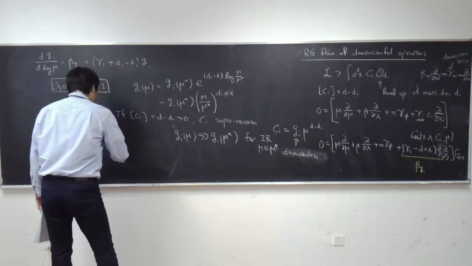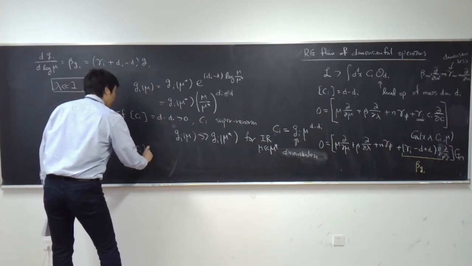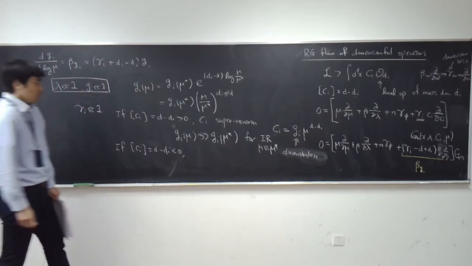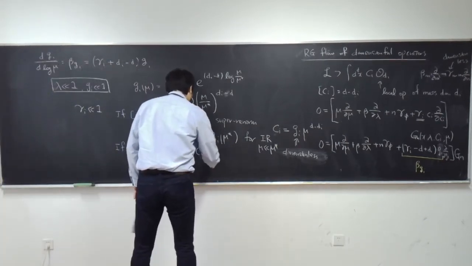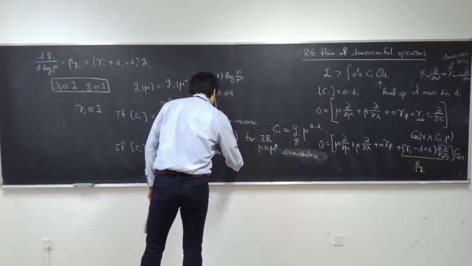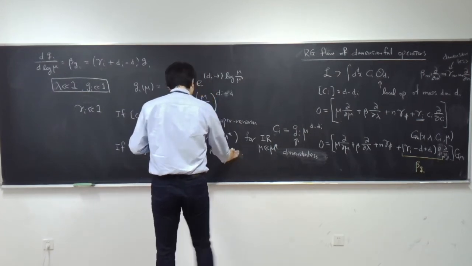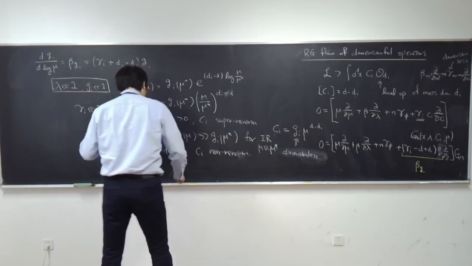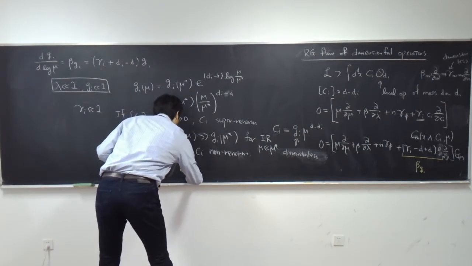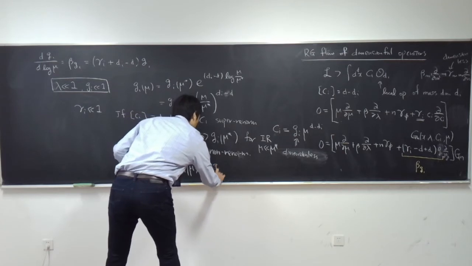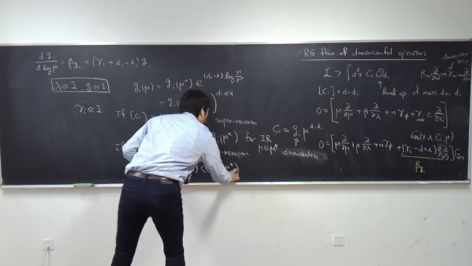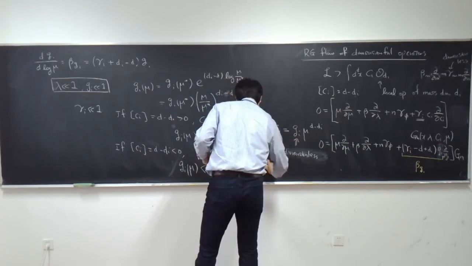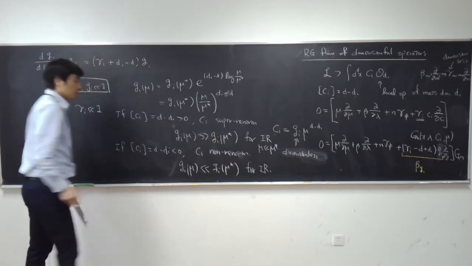On the other hand, if the mass dimension of Ci is less than 0, then Ci is non-renormalizable, so that Gi of mu is much less than Gi of mu star at the IR. That's what perturbation theory tells us.